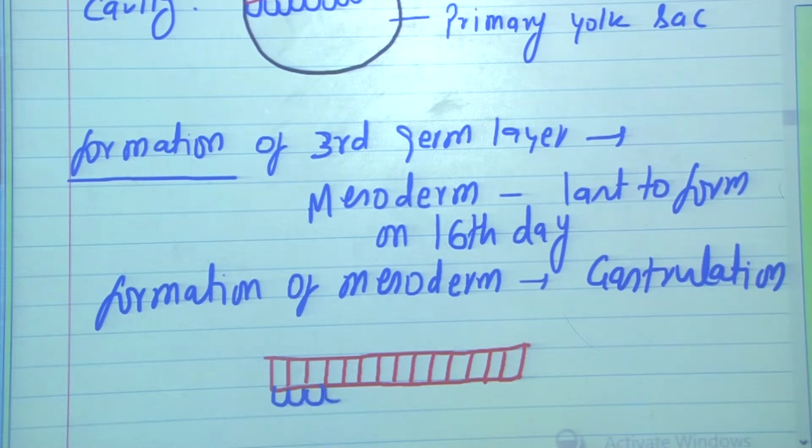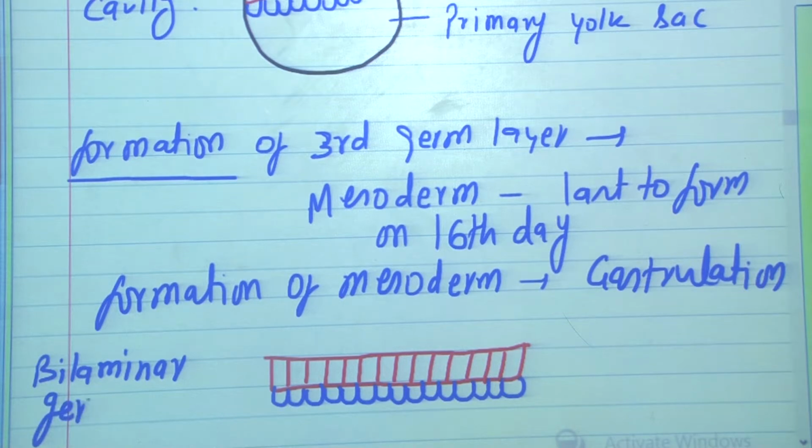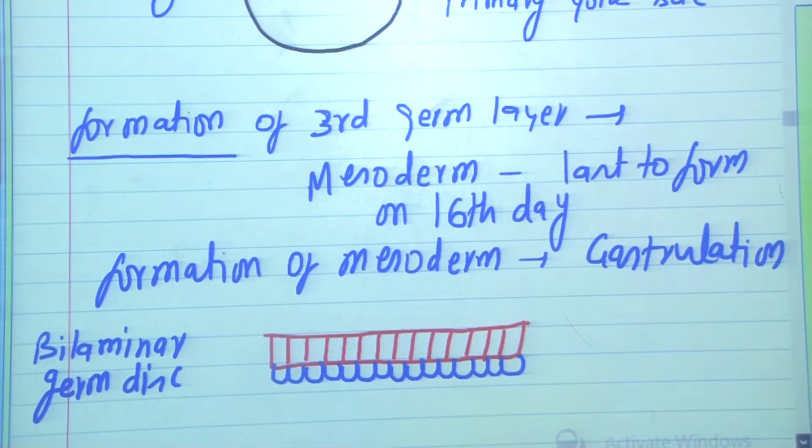This is the endoderm. This stage is also known as the bilaminar germ disc. There is no cranial end, no tail end till this point of time.